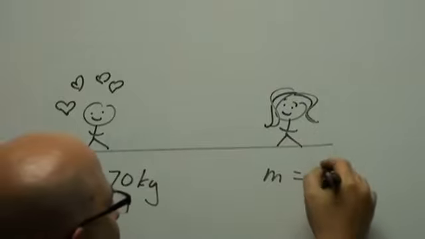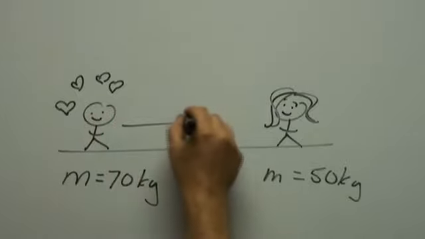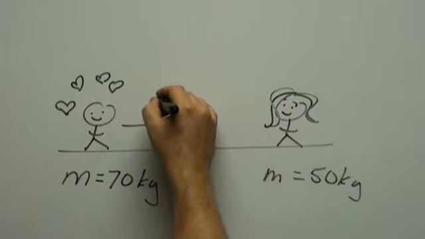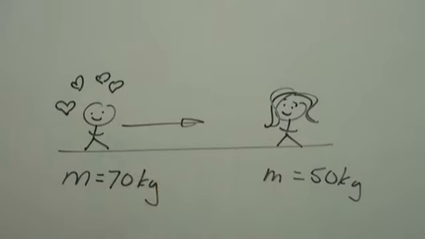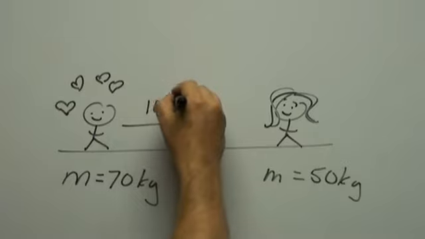Now, Rudy, how fast can you run? 100 miles per hour? That's a lot. Let's say you're a world-class sprinter who can run 10 meters per second.